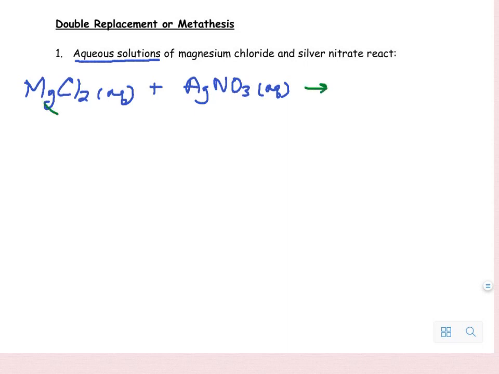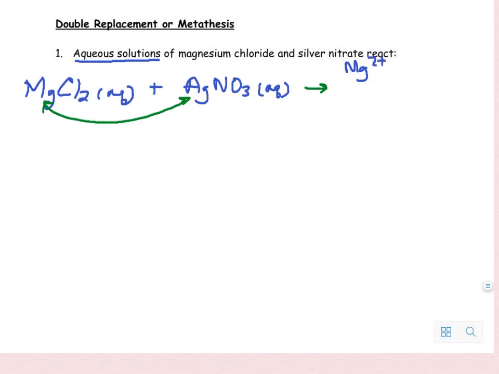We're going to take our magnesium and our silver, and we're going to switch partners. Now to do this, we need to know the charges of all of our ions, and we do. So magnesium, and it's okay again to have a working step. You shouldn't necessarily be able to do all this in your head quite yet.